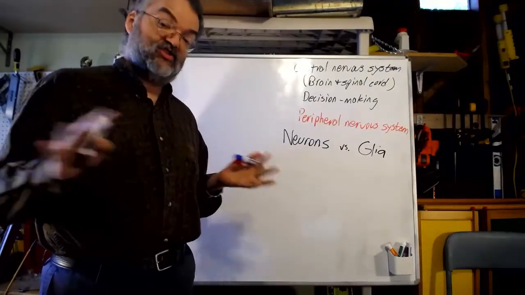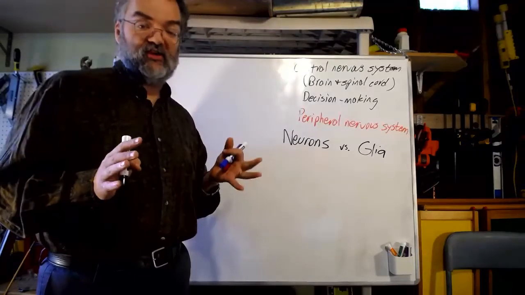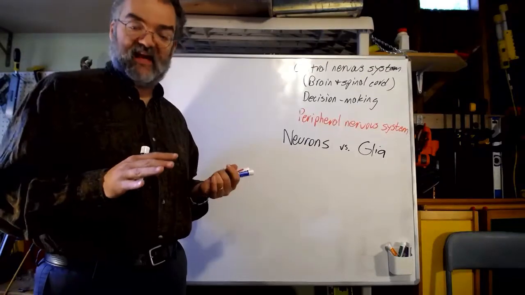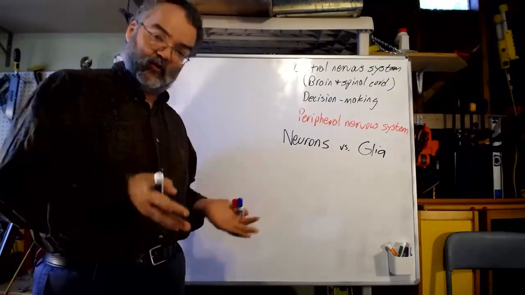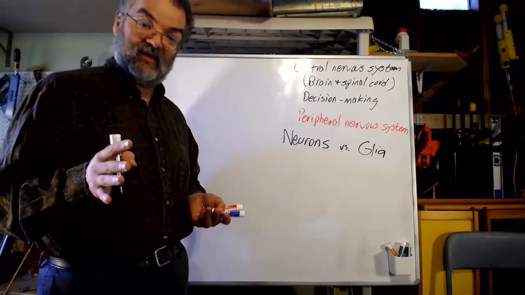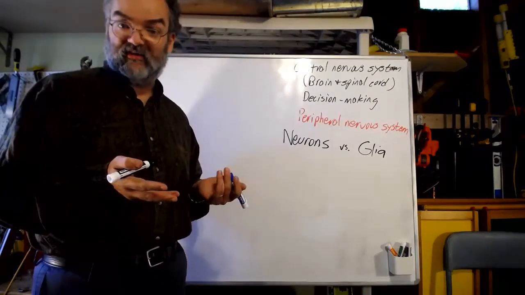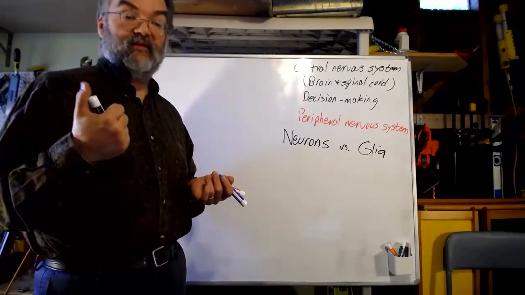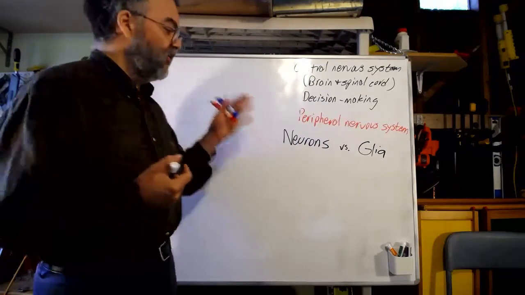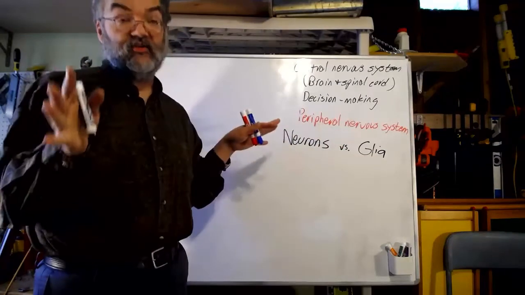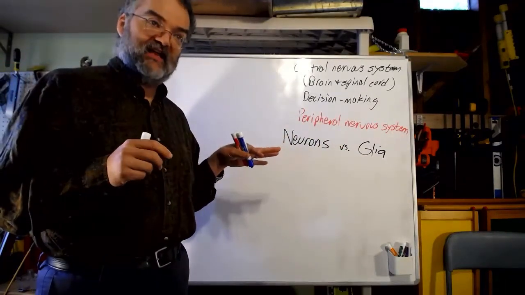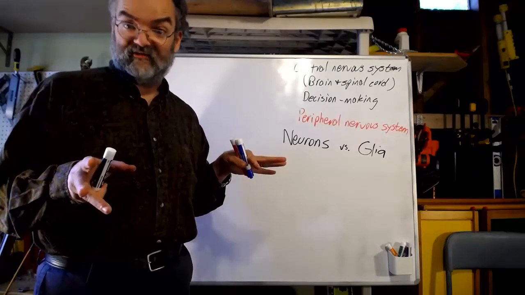That can be structural support, making up physical structure, metabolic support, making sure that the neurons have the nutrients they need and don't get overwhelmed by wastes. It can be maintaining the cerebrospinal fluid, the extracellular fluid around the nerve cells. It can be providing immune-like functions in terms of patrolling the nervous system. It can also be altering the neurons so that they can transmit their signals more effectively.